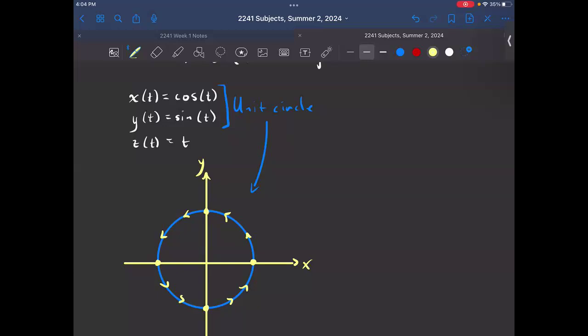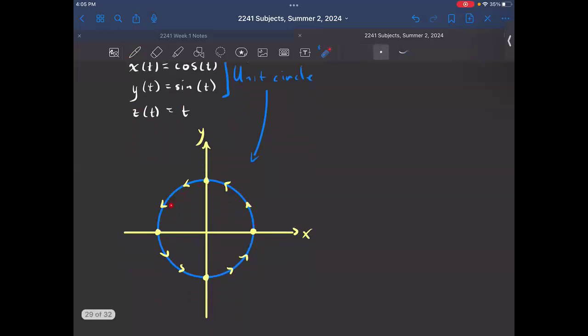Okay, but we have three functions here. We have x, y, and z. So this is a three-dimensional space curve. And what's happening is that as we go around this circle in the xy plane, in the z direction out here, we're actually sort of lifting off the plane all the time.